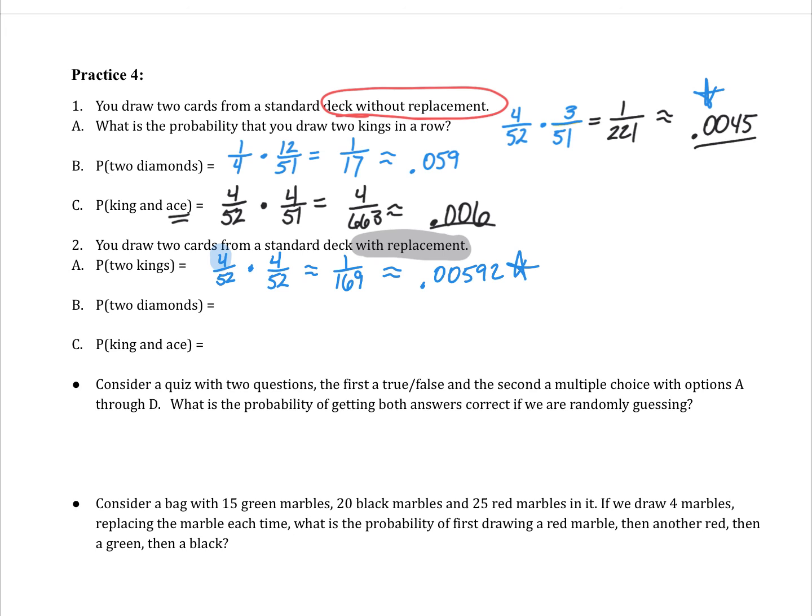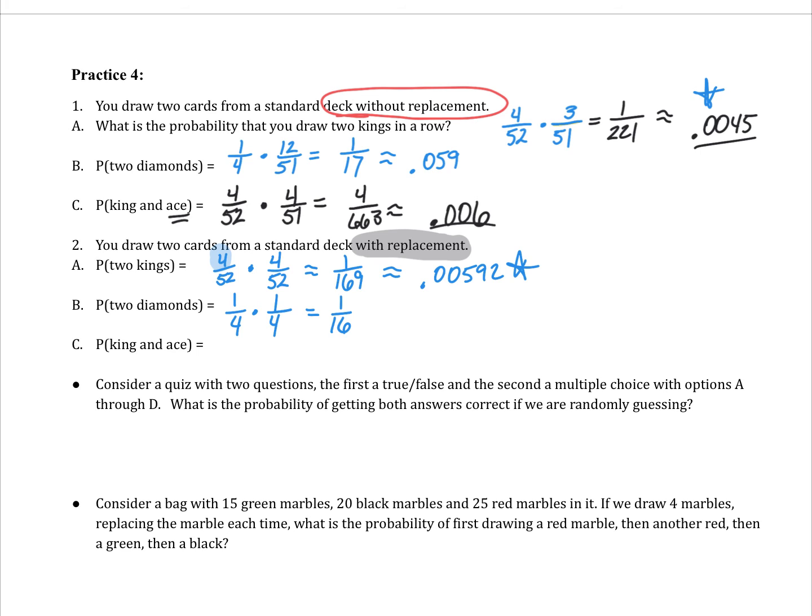So we're going back to 2 diamonds. Let's just rush through this one here, 4 out of 52. The second diamond will still have, excuse me, wrong on that. Diamond is 1 out of 4, or 13 out of 52. But we're going 1 out of 4. Since we put the card back, we are back to 1 out of 4. This is 1 out of 16 chance.